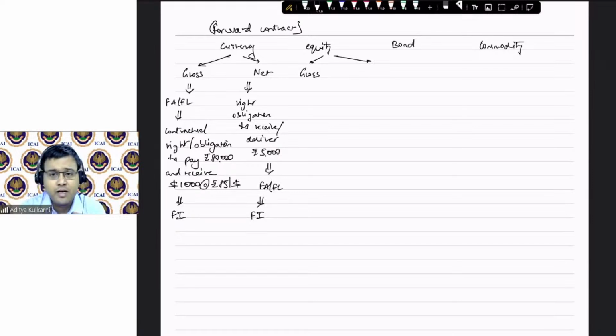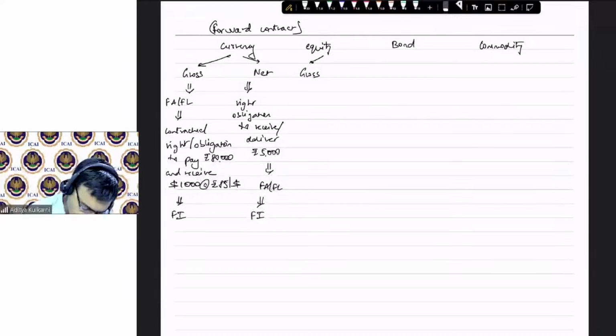So if it is a gross settlement, you tell me, is it going to be a financial asset? Yes, it is going to be a financial asset.